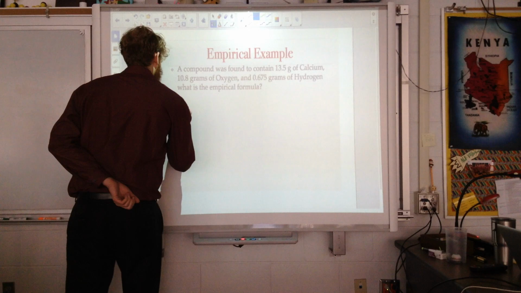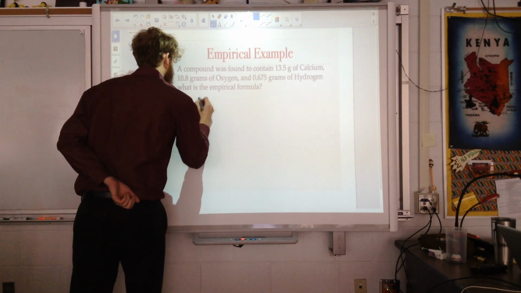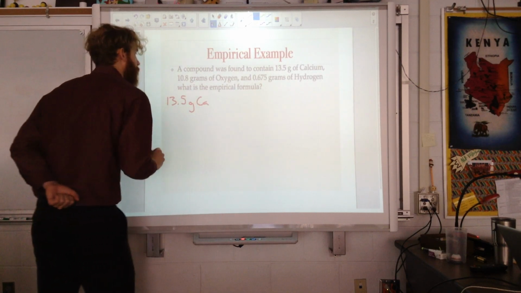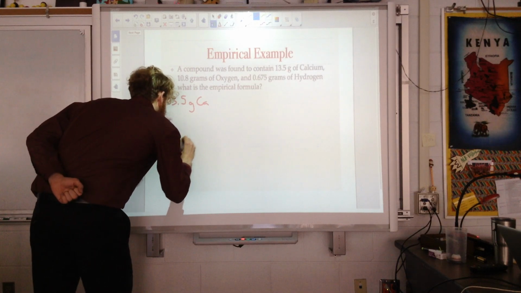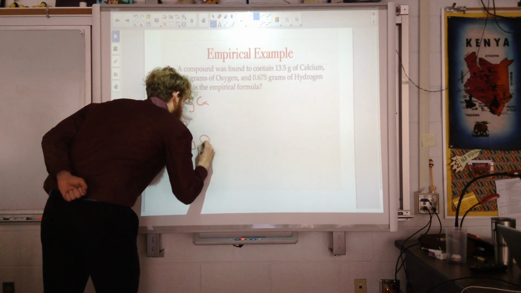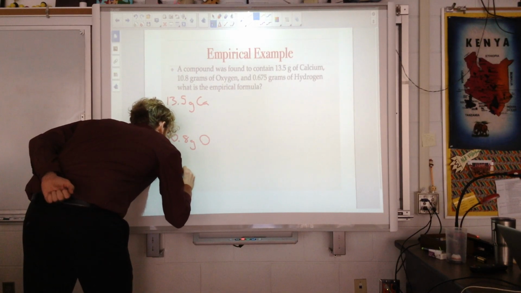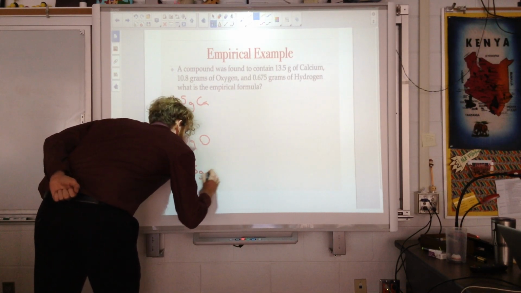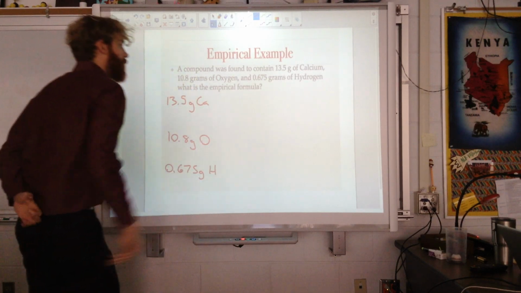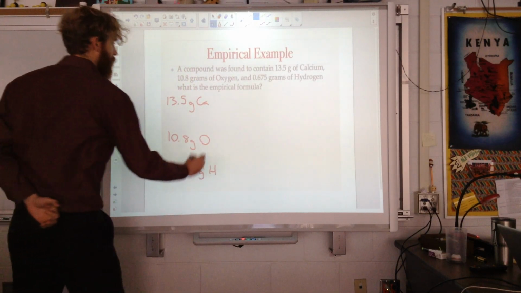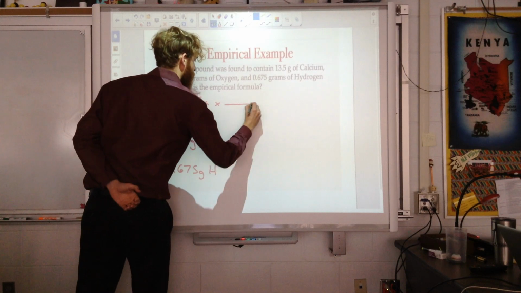So we have 13.5 grams of calcium, 10.8 grams of oxygen, and 0.675 grams of hydrogen. So we're going to be doing molar mass conversions.